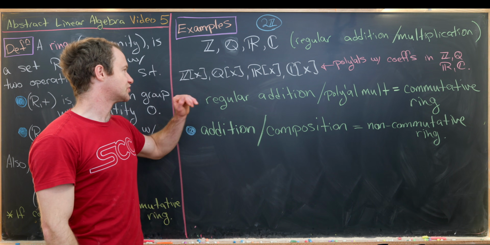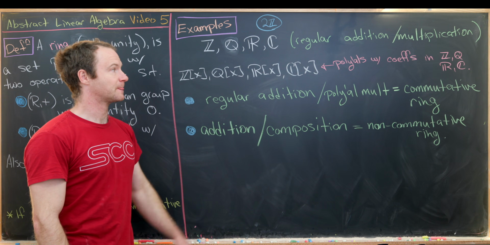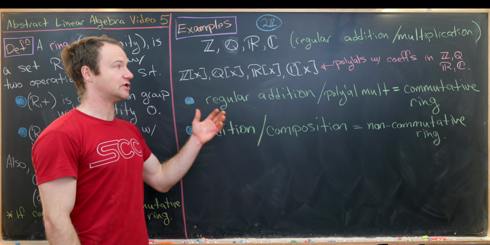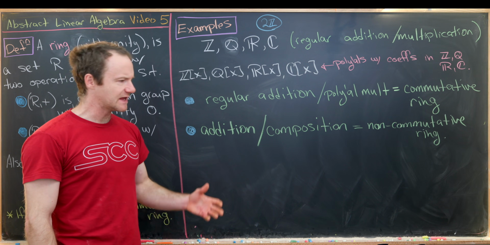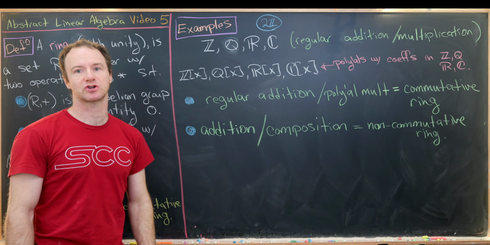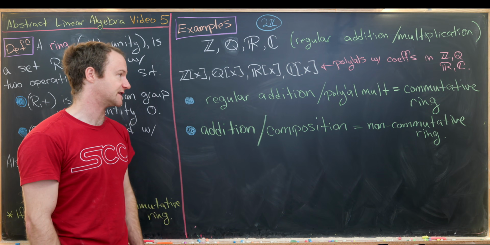Let's look at Z adjoin x, Q adjoin x, R adjoin x, and C adjoin x. So these are polynomials with coefficients in Z, Q, R, or C, respectively. And we can endow these 4 sets with a ring structure 2 different ways, probably more than 2 different ways, but we'll look at 2 different ways.